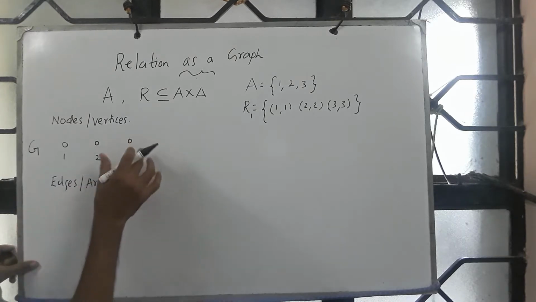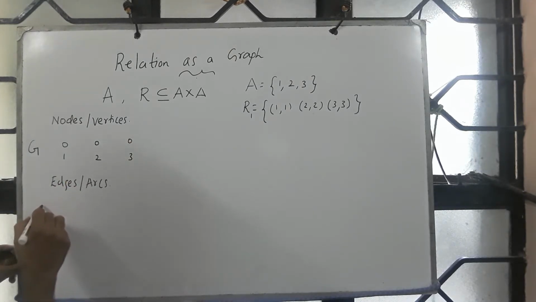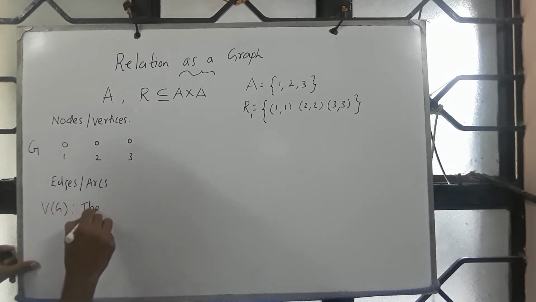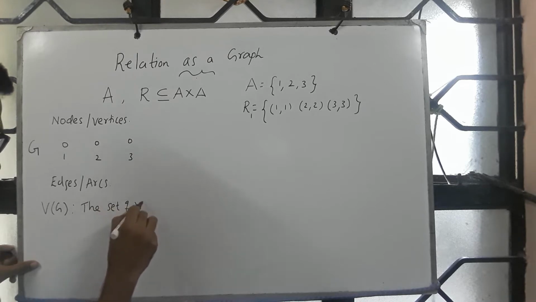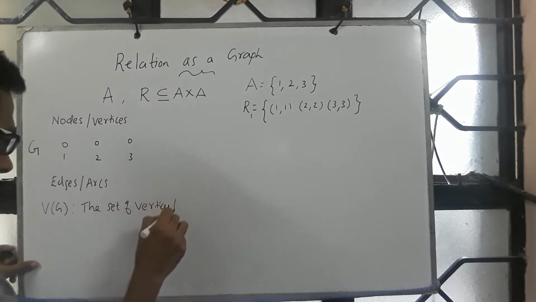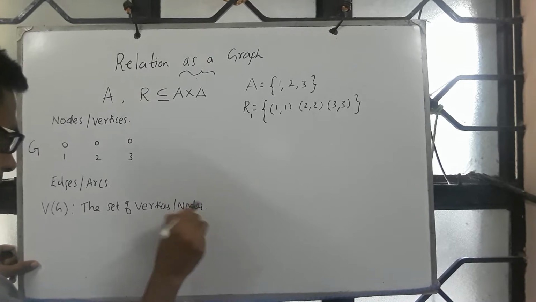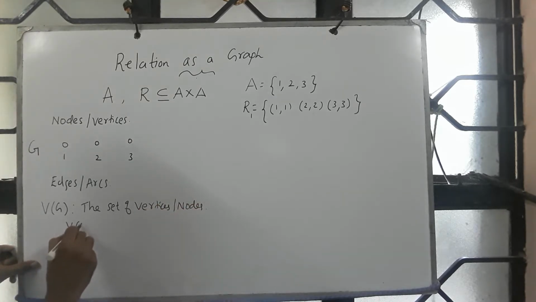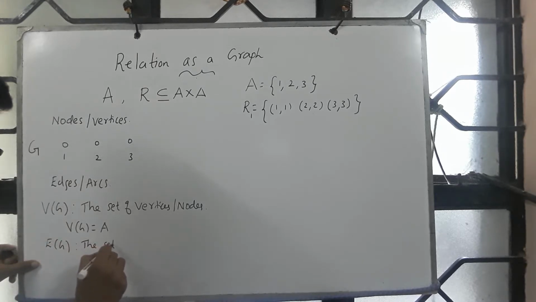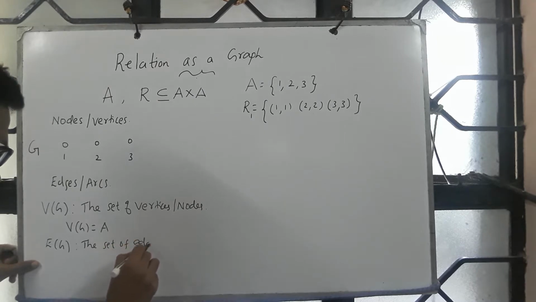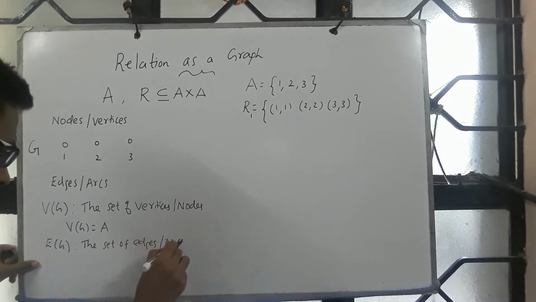So this set, formally speaking, we call it V of G. V of G is the set of vertices or nodes, and in this case V of G is A. Then we define edges or arcs, which we call E of G, the set of edges or arcs.